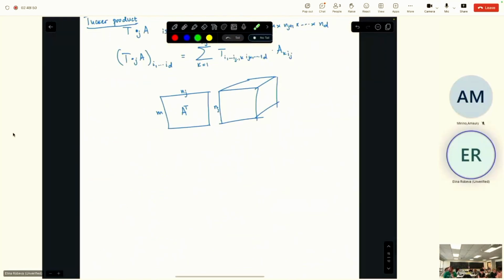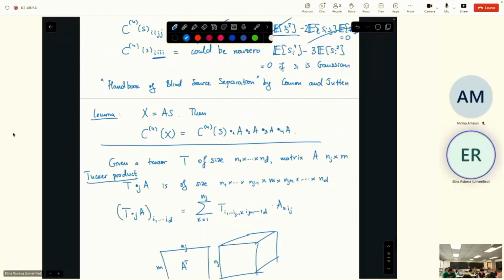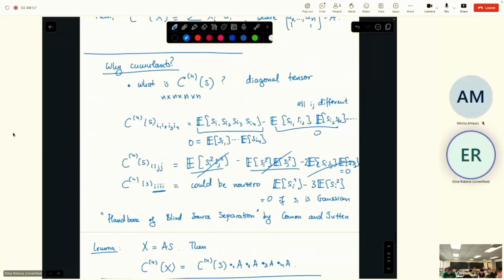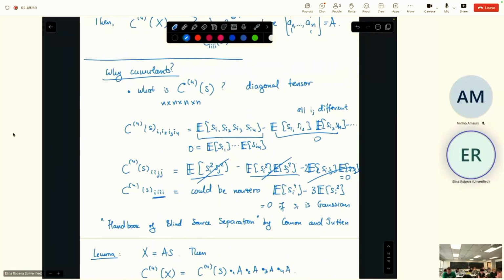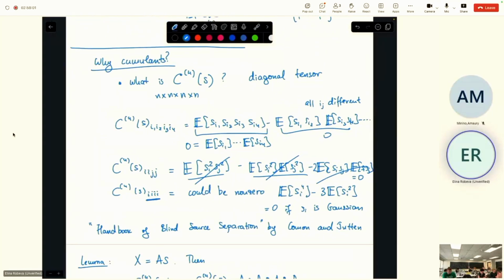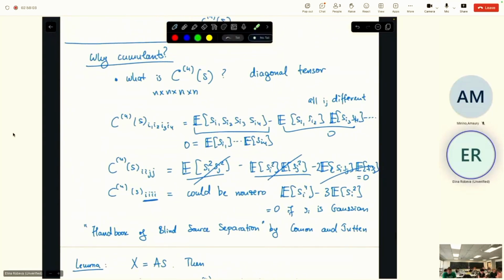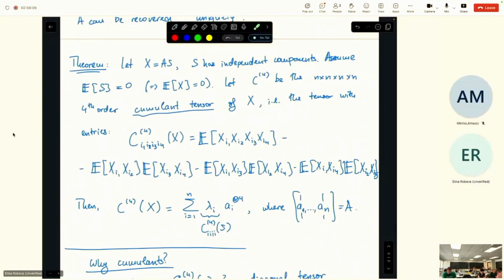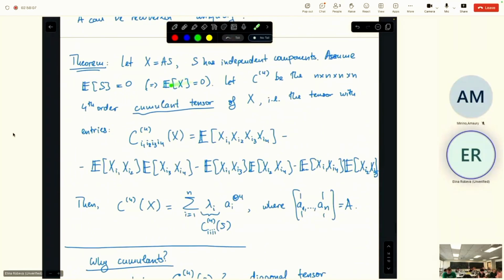Can I ask, why do we use the fourth cumulant? We could play this game for any cumulant, couldn't we? That's a great question. You could also use the third cumulant, which is the same as the third moment if you assume the mean is 0.